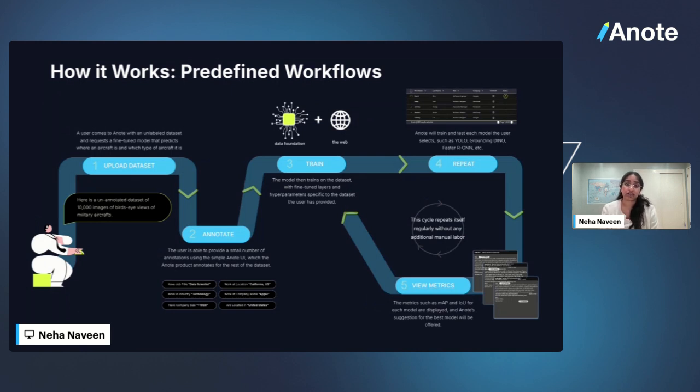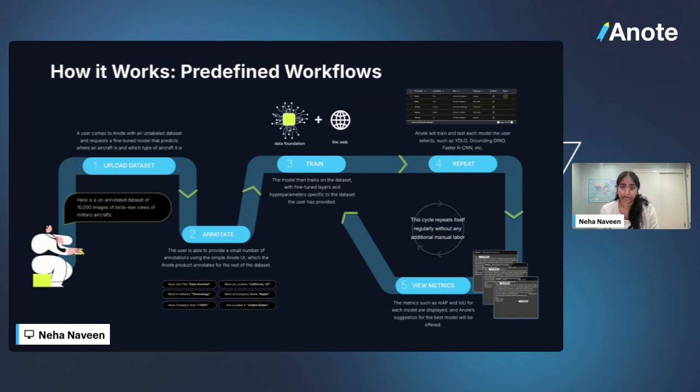So she comes to the Anode product saying, here is an unannotated data set of 10,000 images of bird's eye views of military aircraft. I'll walk through the process of what the Anode product is supposed to do.